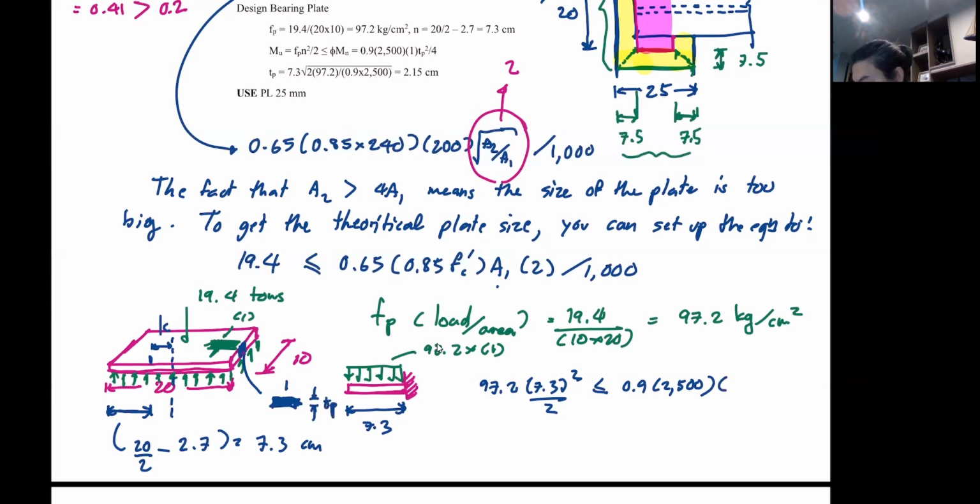That becomes 1 TP square over 4. That is the plastic section modulus Zx of your plate. When you solve this, it's essentially that one.